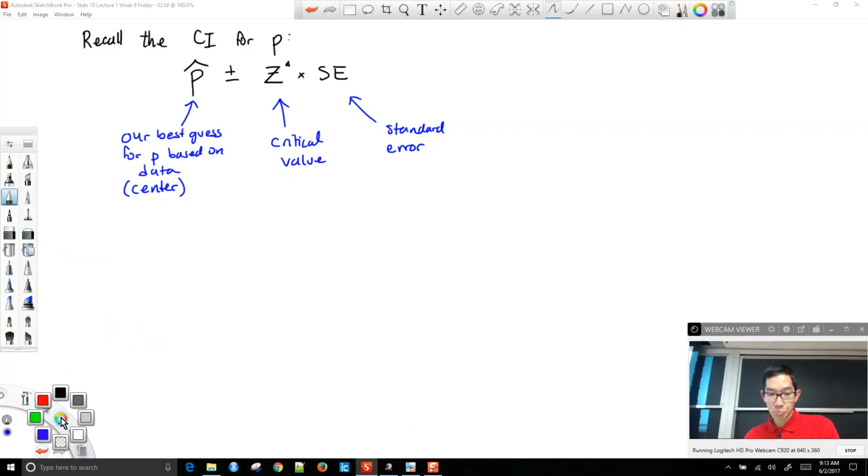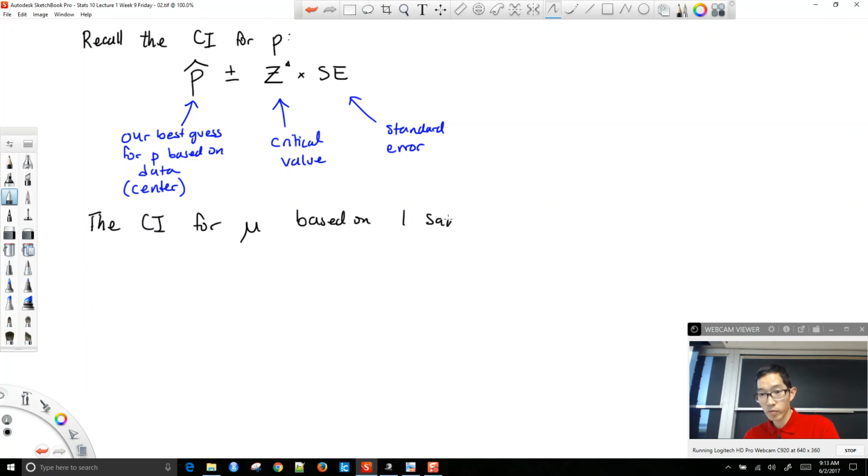Now we're going to make the confidence interval for mu based on the sample. It's going to have the exact same structure, except for our best guess for mu based on the data, which goes in the center.